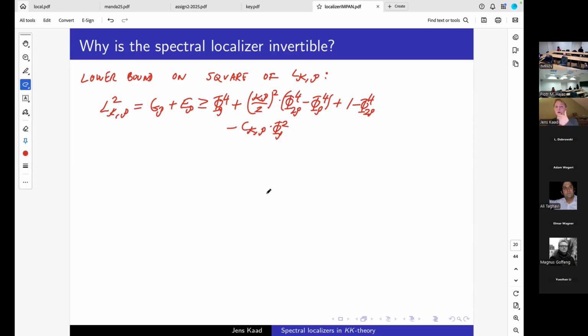And now one can check that phi 2 rho to the fourth minus phi rho squared is actually positive. So up here, in my estimate, I could as well have written phi 2 rho to the fourth.